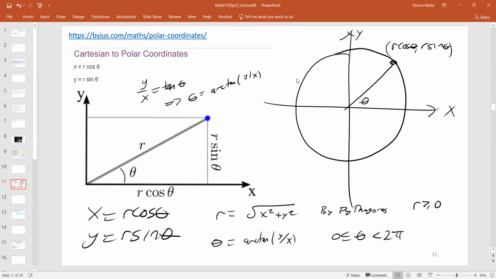You could say theta is arc cosine of x over r, which is x over the square root of x squared plus y squared. You could absolutely do that. So you could use arc cosine, arc sine, or arc cotangent. Most people use arctangent.